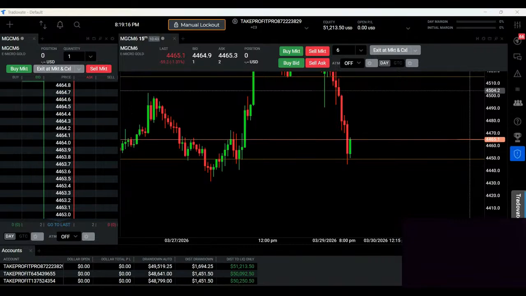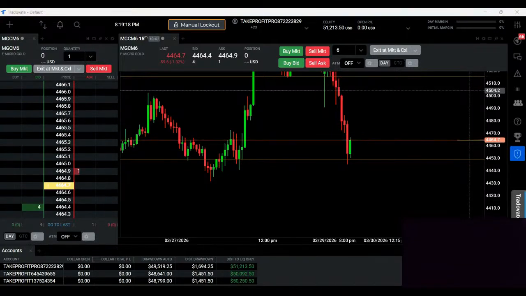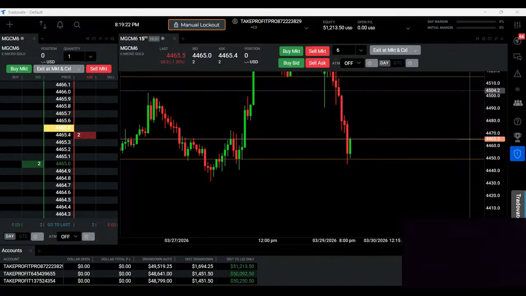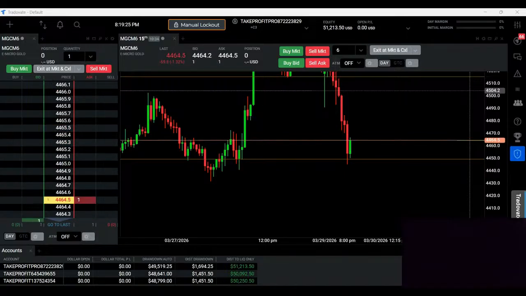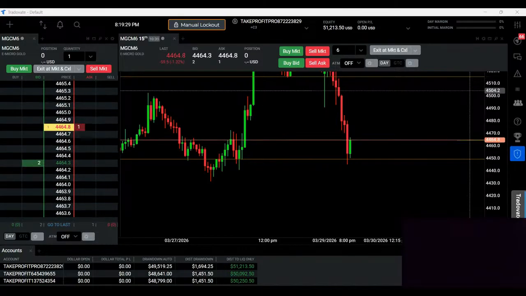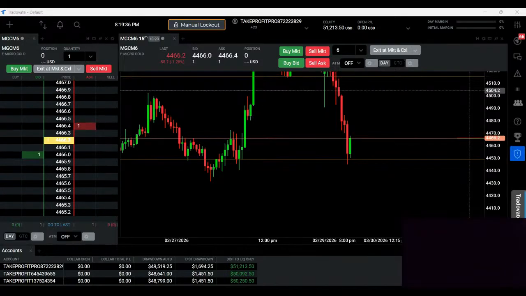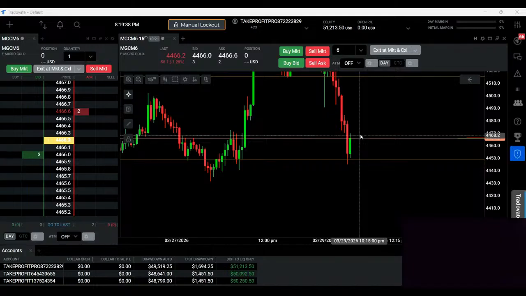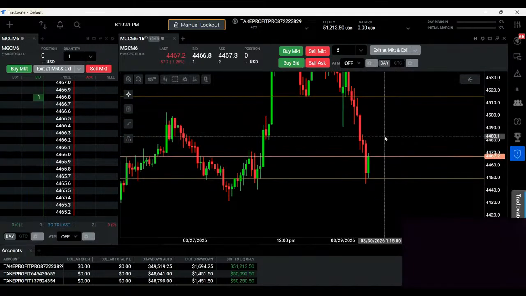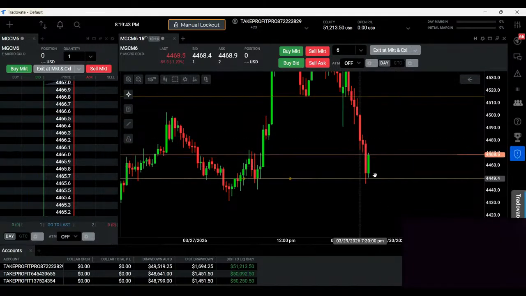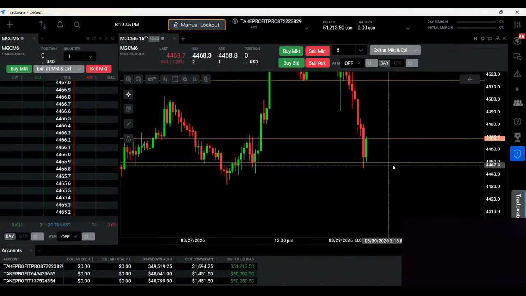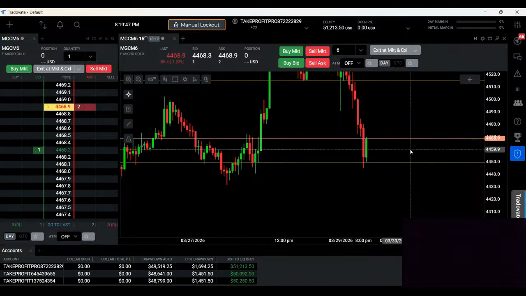If we had entered that trade just now, we would have been in profits for maybe like $200, but our stops would be for 300, almost four. But nah, this might be a no trade night again.